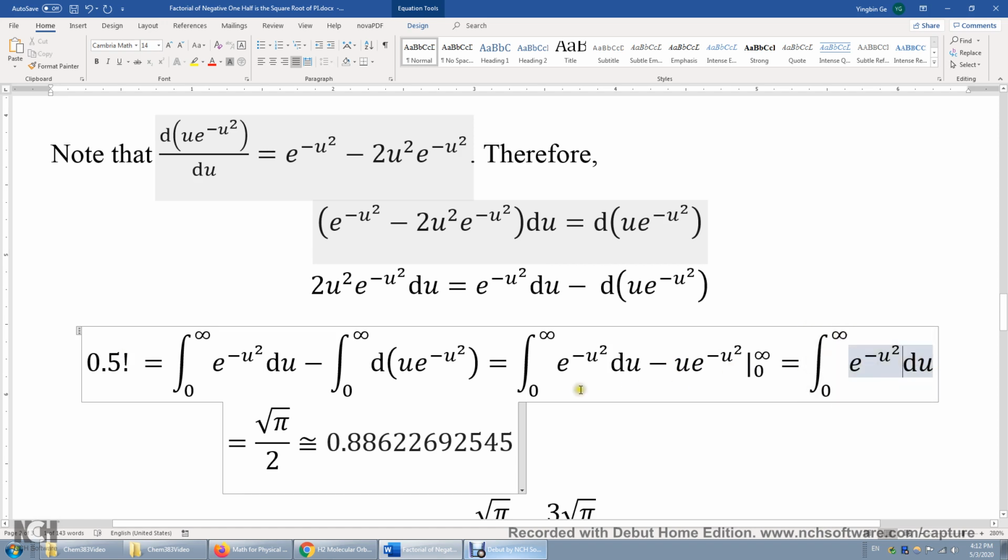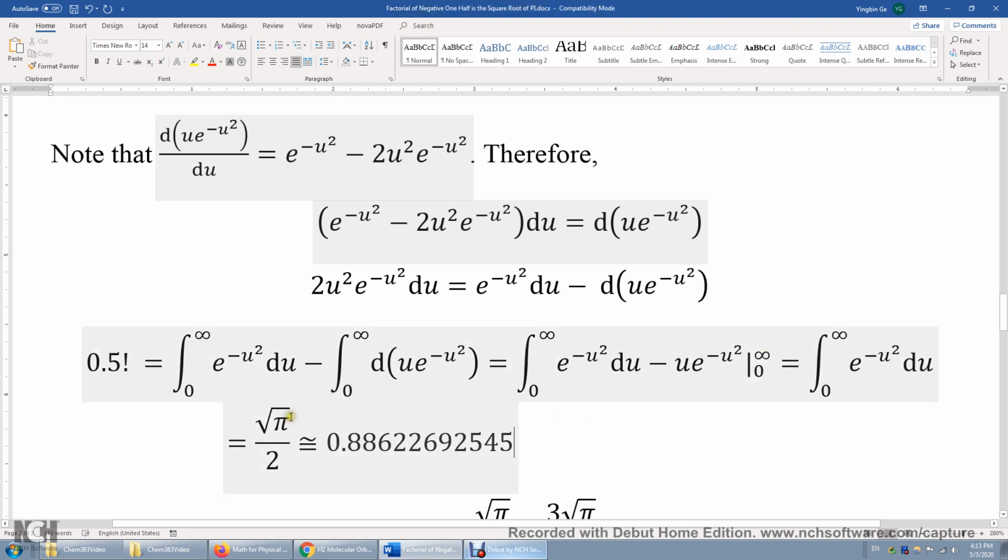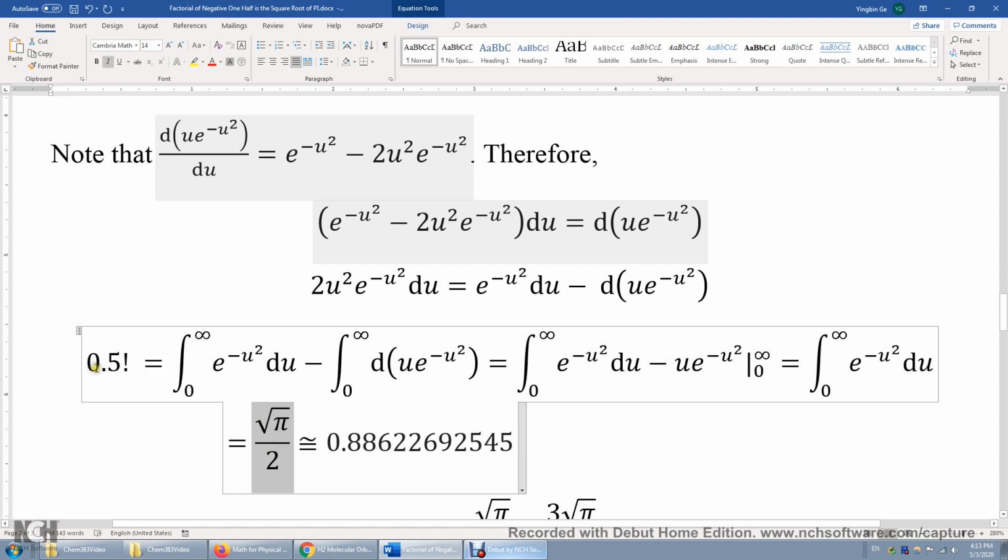And this Gaussian integral is actually square root of pi over 2. So it's roughly 0.886. We will prove this integral is equal to square root of pi over 2 later. All right, so just for now, just believe me. 0.5 factorial is equal to the integral of e to the power of negative u squared, which is square root of pi over 2.